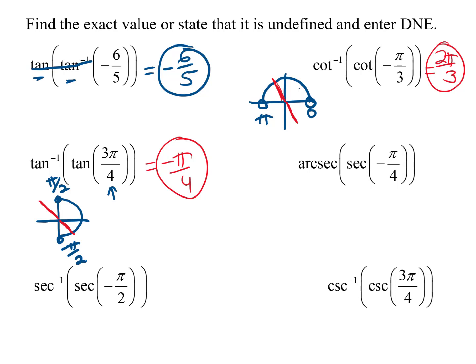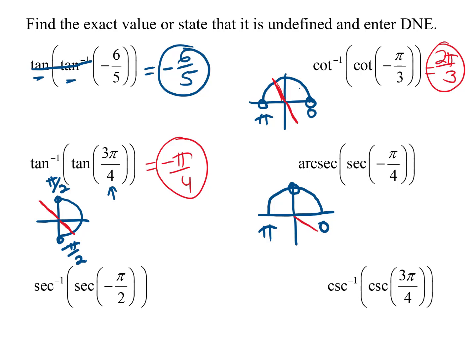We have the arcsecant of the secant of -π/4, so let's think about what our range is for secant. Secant's the reciprocal function for cosine, so it follows the same restriction between 0 and pi, except that there is a hole there in the middle where there's a vertical asymptote. So -π/4 does not fall within that.